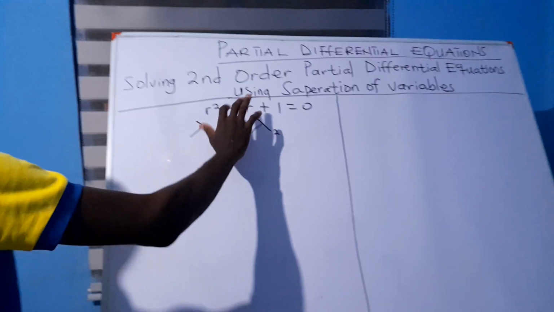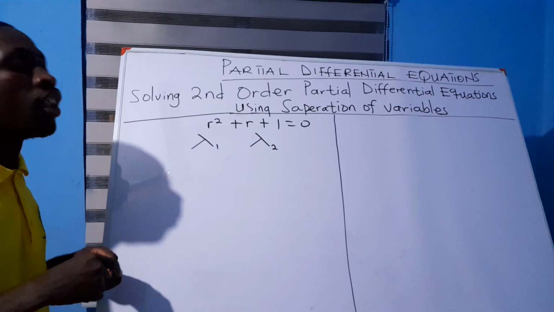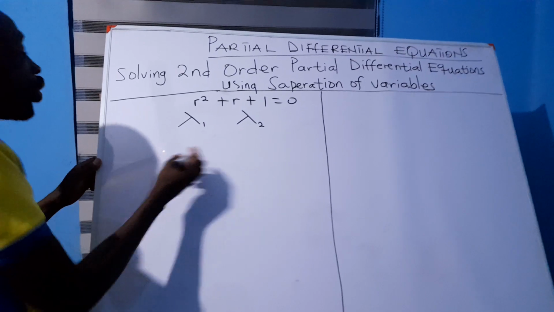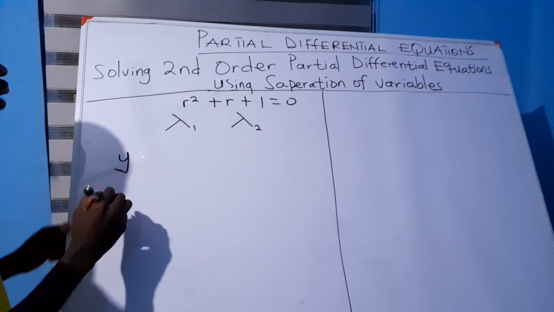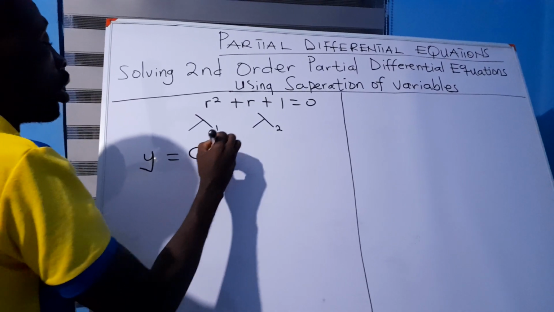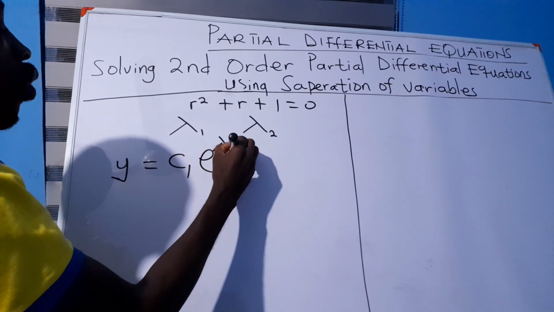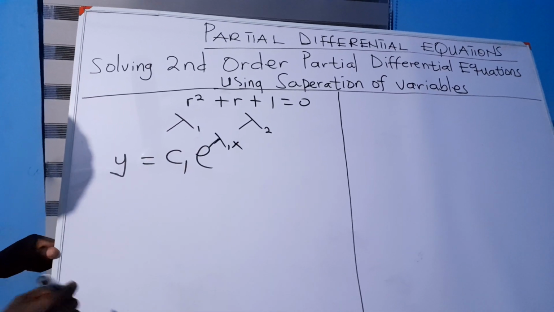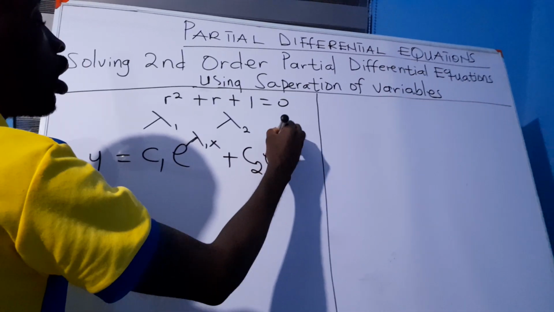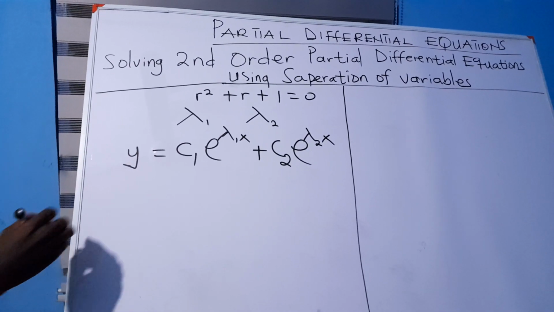So, when we solve our resultant quadratic equation, we get two values. And we're saying that the two values can be two real and distinct roots. So if there are two real and distinct roots, then our complementary solution y will be equal to c1 e exponent lambda 1 x, then plus c2 e exponent lambda 2 x, if you remember very well.